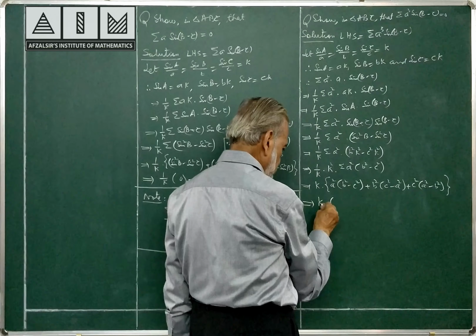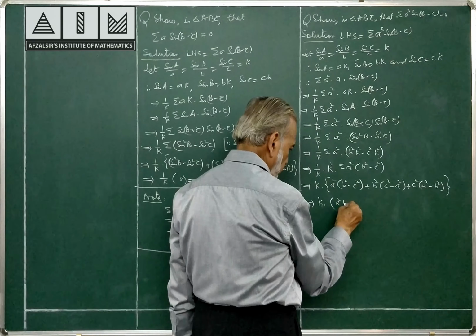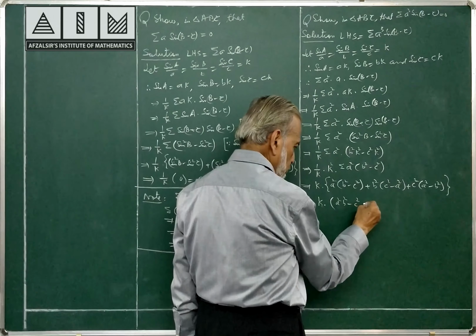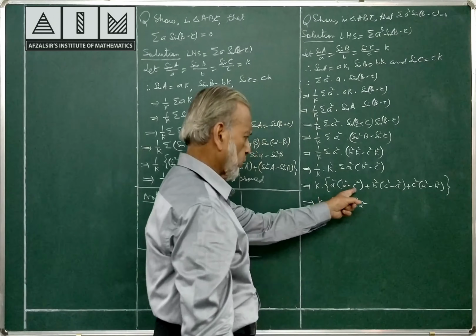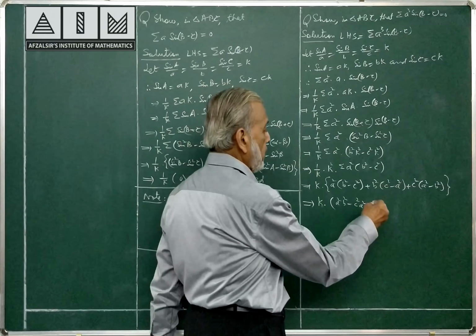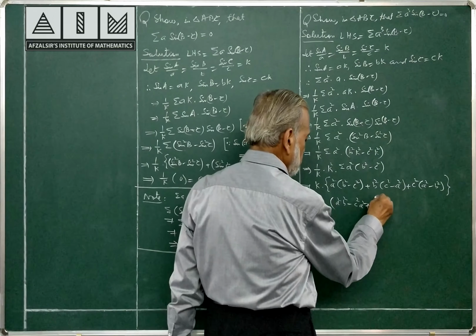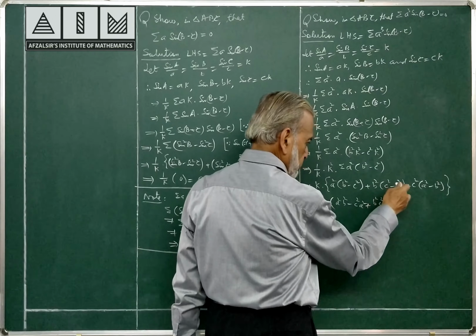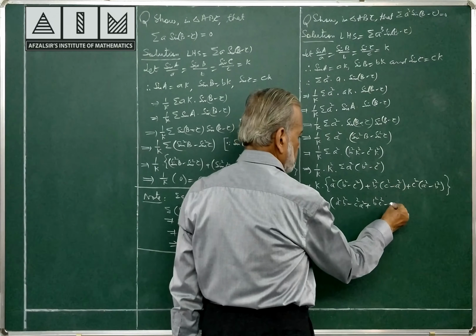Opening all the brackets, a square b square minus c square a square, or you can write a square c square as well. B square c square minus b square a square, or you can write a square b square.